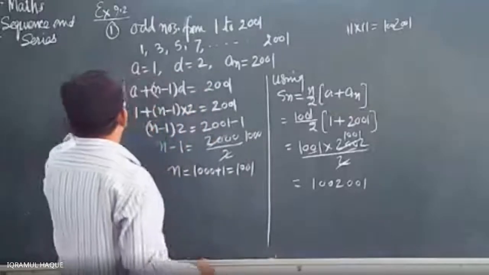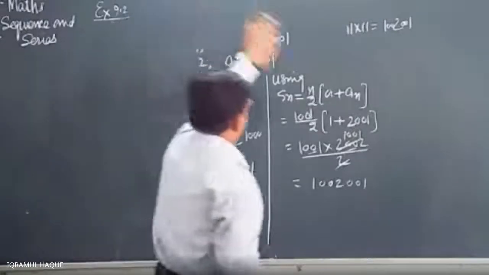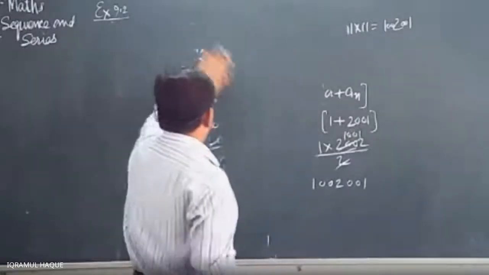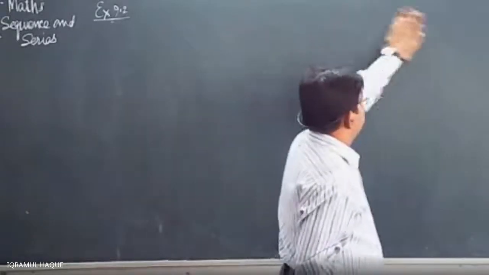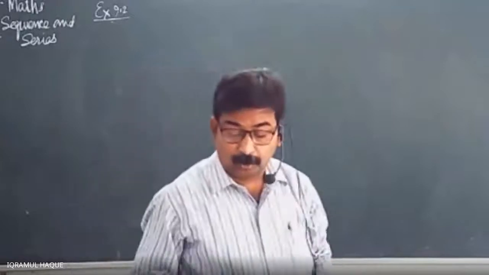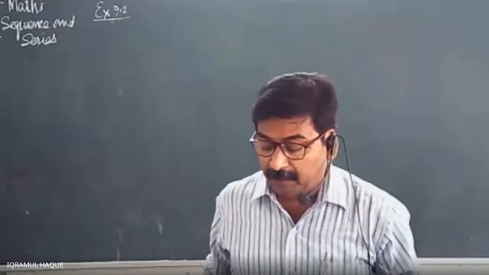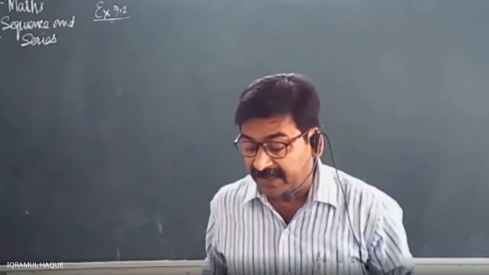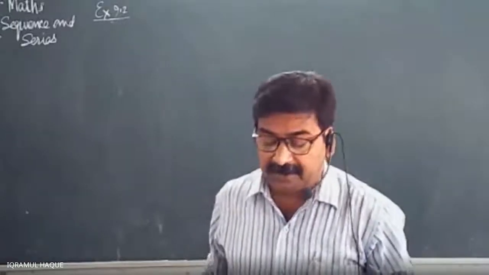So come to the next question. Question number 2. Find the sum of all natural numbers lying between 100 and 1000 which are multiples of 5.